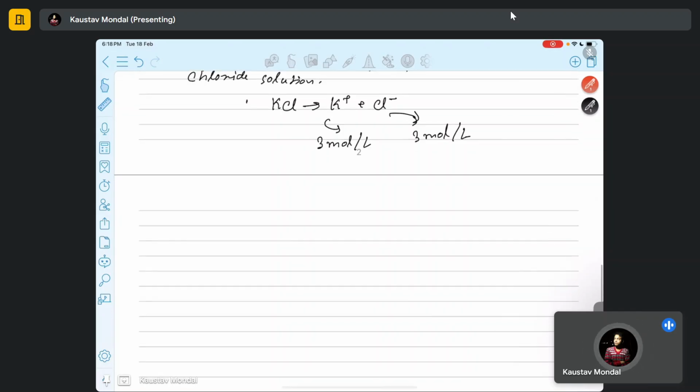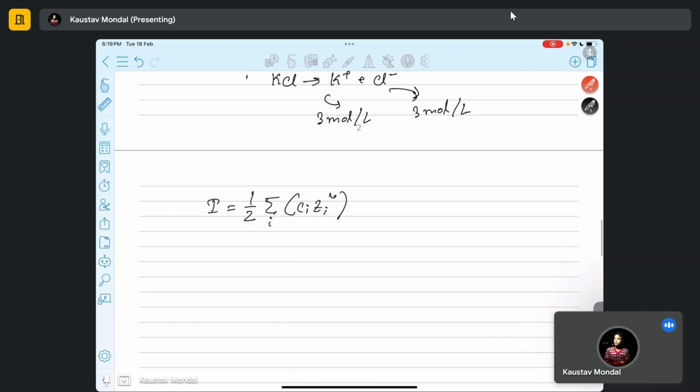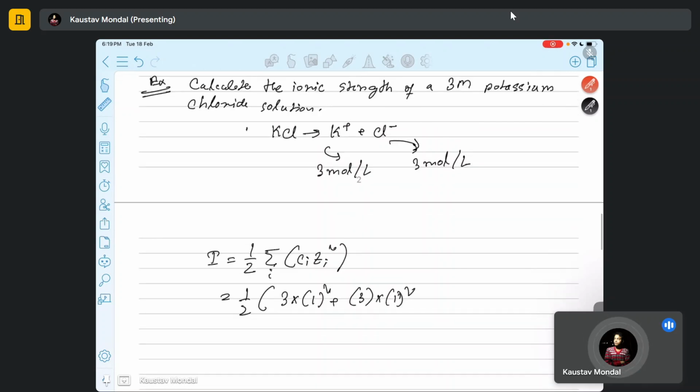And because of that, in the ionic strength formula you can use half into Ci into Zi squared. So this will be half into 3 into 1 squared plus 3 into 1 squared, because the charges on K plus and Cl minus are plus 1 unit and minus 1 unit.